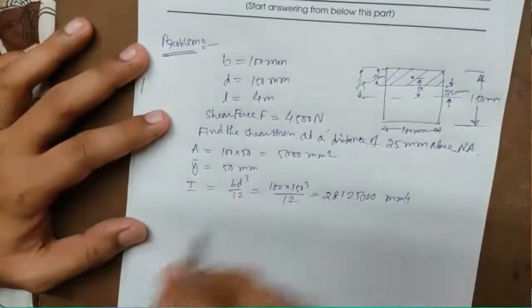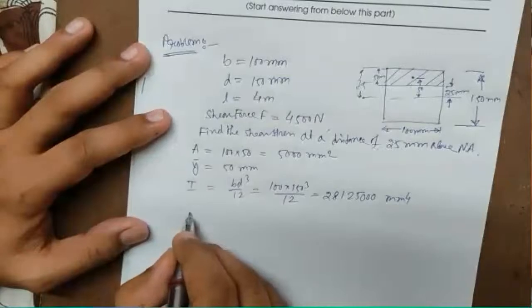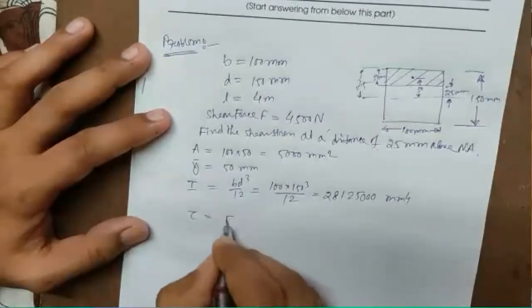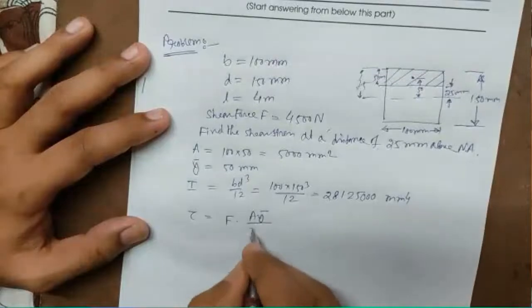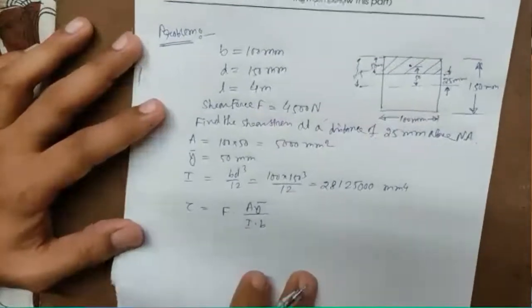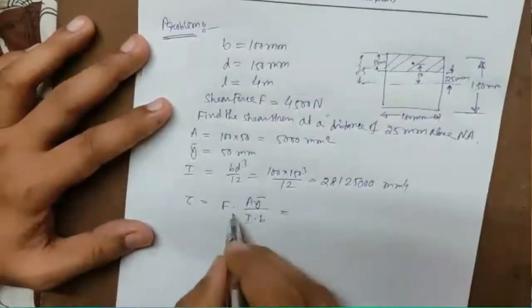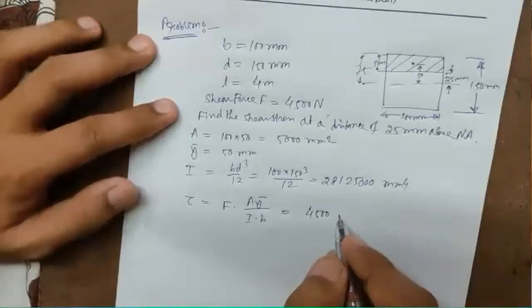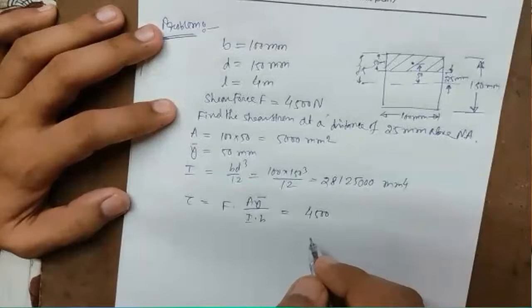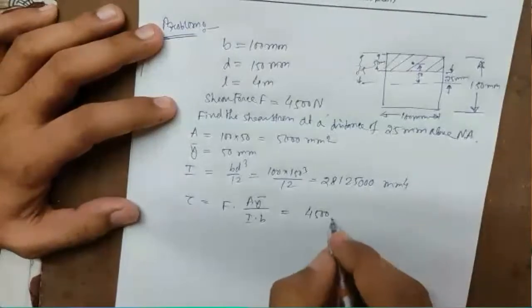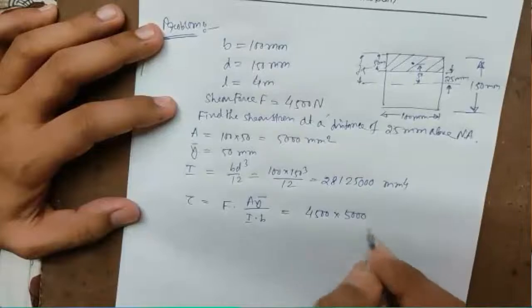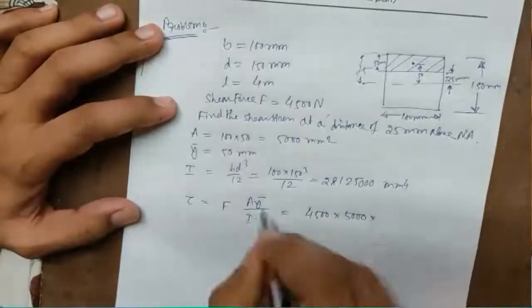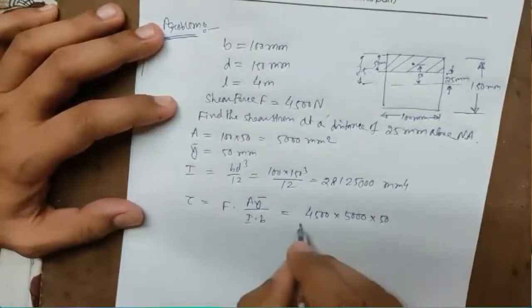So now we have the formula just derived. Tau is equal to F into A Y bar by I into B. You put the values over here. F is 4500 Newton given. Area is taken as 5000. Y bar is 50.